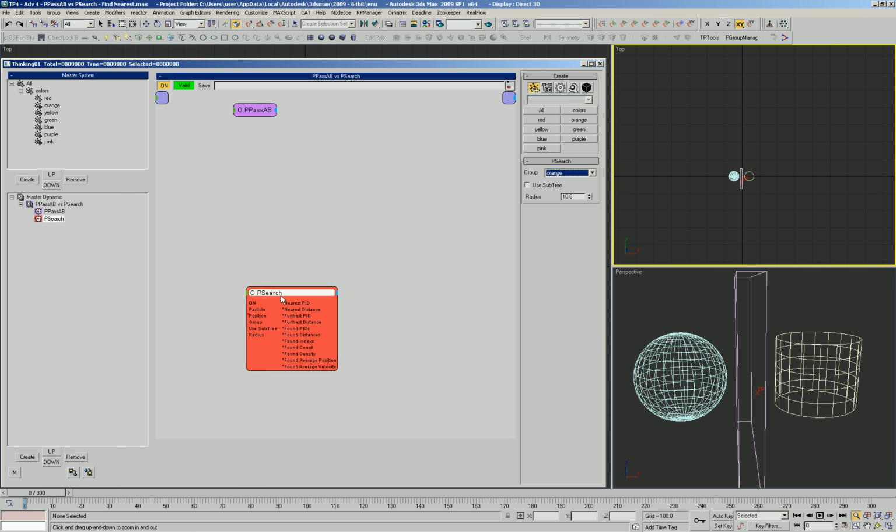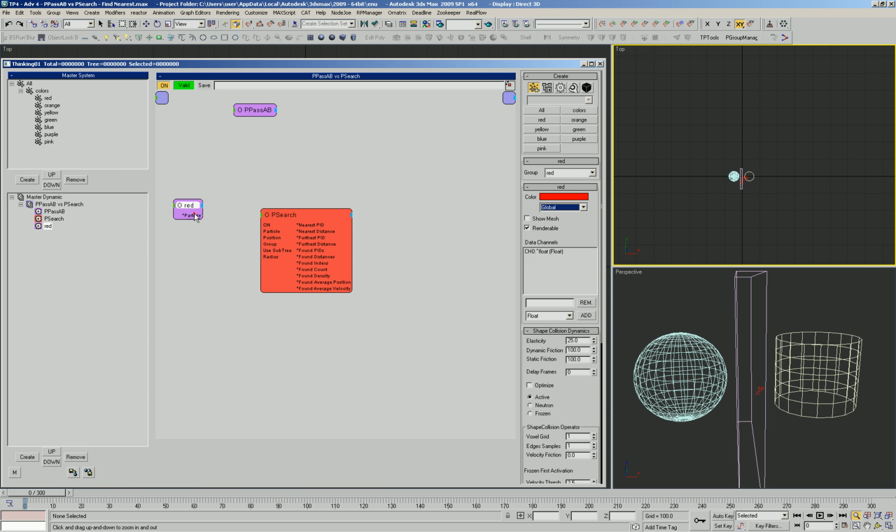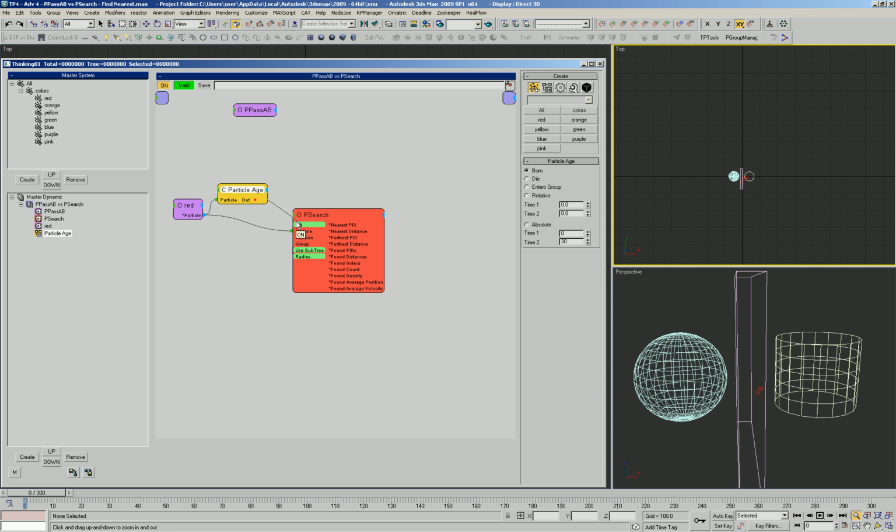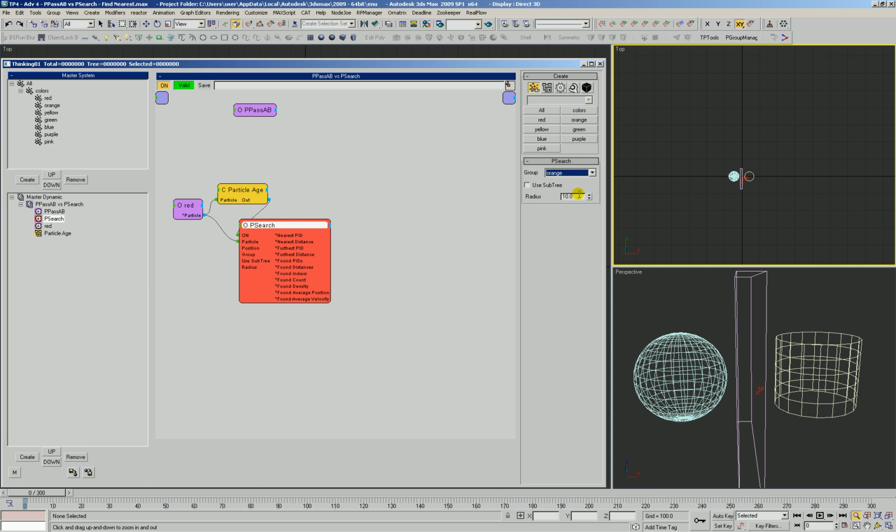Let's set up a little situation where a red particle at birth is going to be searching for orange particles within 10 units. So each and every red particle at birth searches around for orange particles within that radius, and every orange particle that it finds, it's going to fire off out of here, all in one time sample, but one after another. It's not all at once in one big array. It's basically sequential, one after the other.